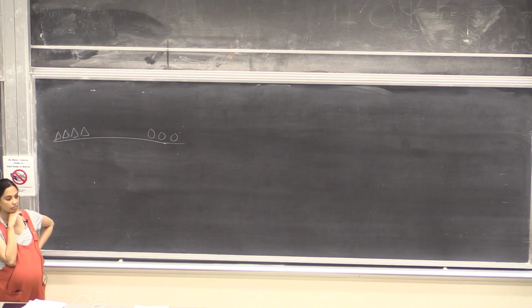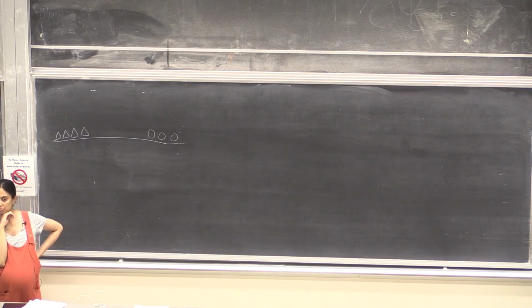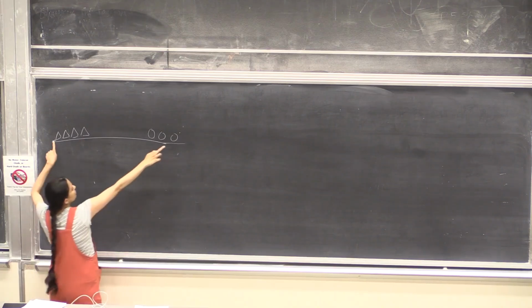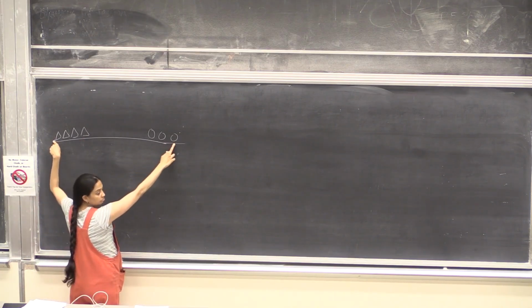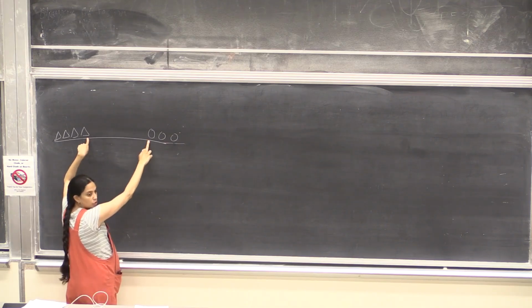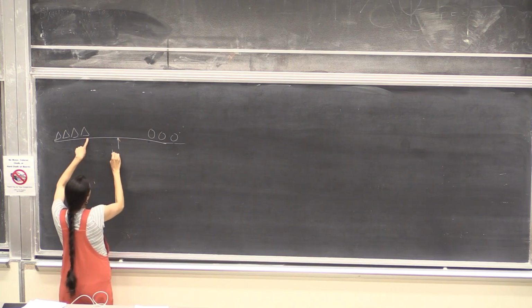If I had a hard margin SVM, where would the hard margin SVM put the classifier in this picture? In the middle of these guys? No. Which two guys would matter? These two, the closest guys, are the only guys that will matter, right? Everything else is kind of irrelevant. So this midpoint is the hard margin SVM.